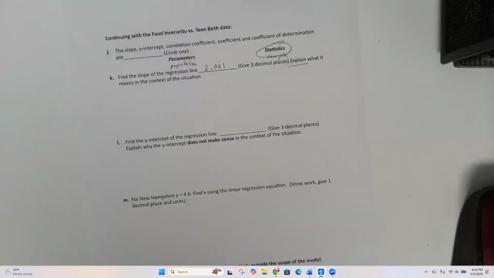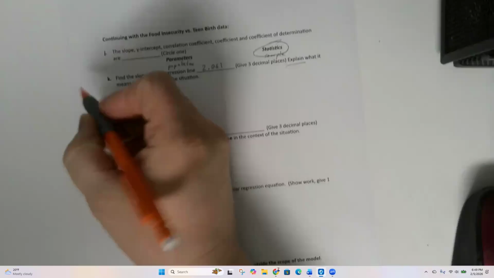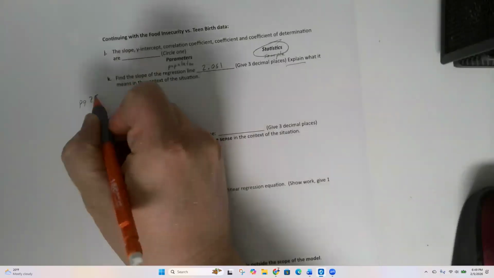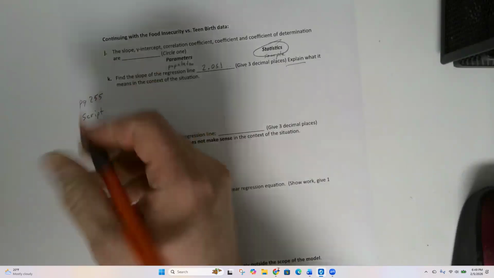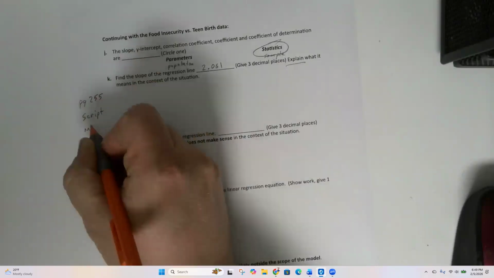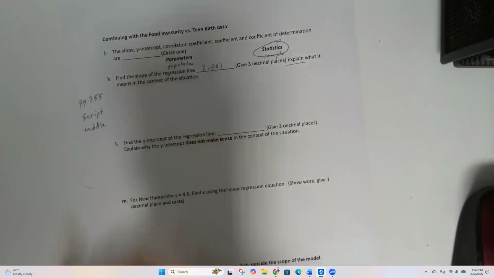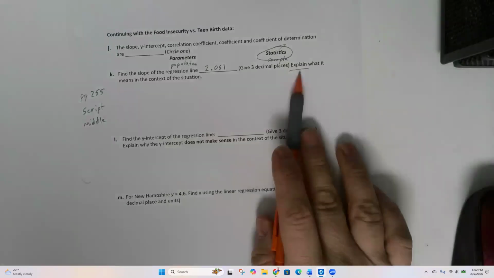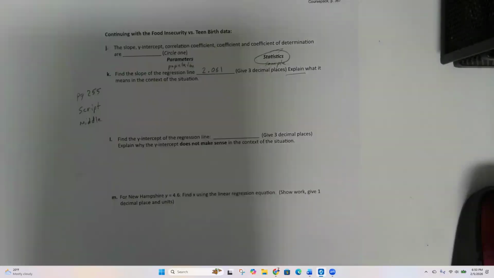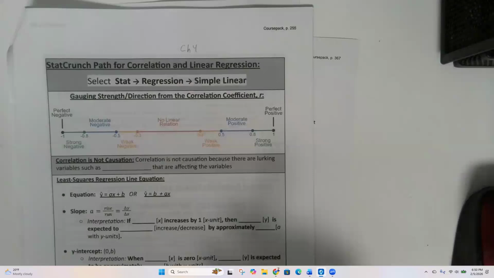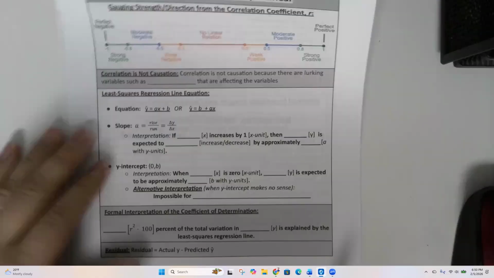Explain what it means in the context of the situation. So there's a script for that in the middle, okay? And so anytime you see the word explain or interpret, we want a sentence, okay? So I'm actually going to do this one with you this time on the recording, okay?